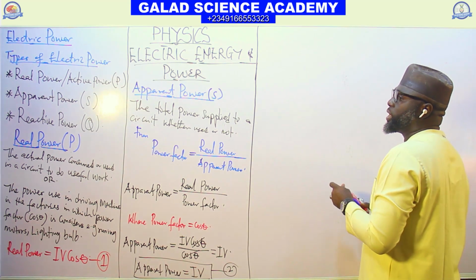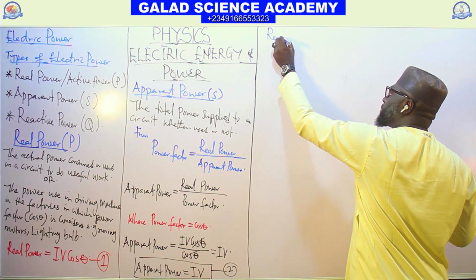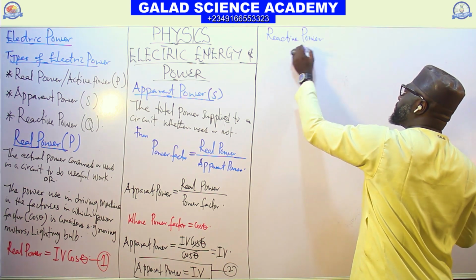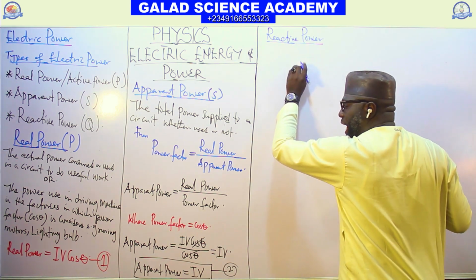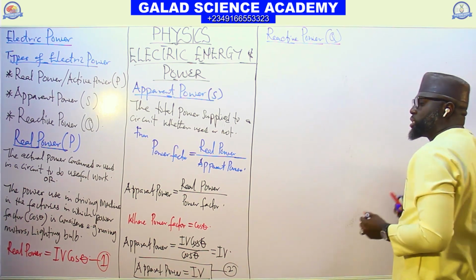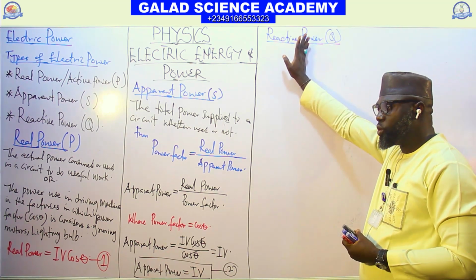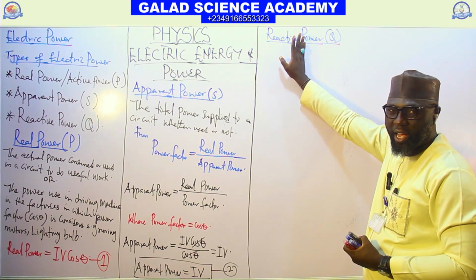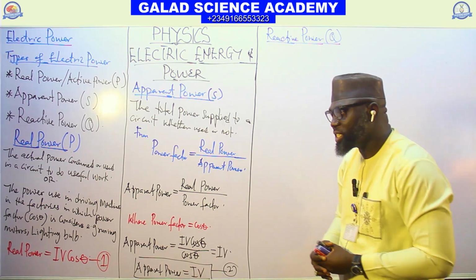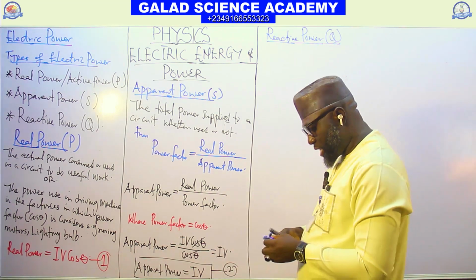So the next one is reactive power. The symbol for reactive power is Q. What is the reactive power? It is the power that oscillates between the source and the reactive component in the circuit.